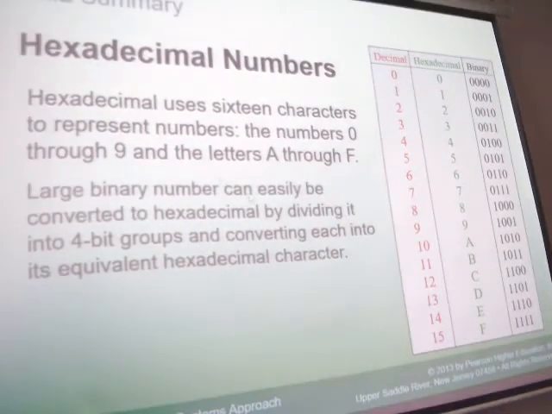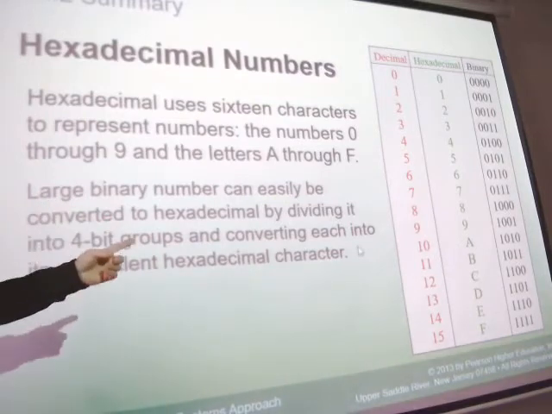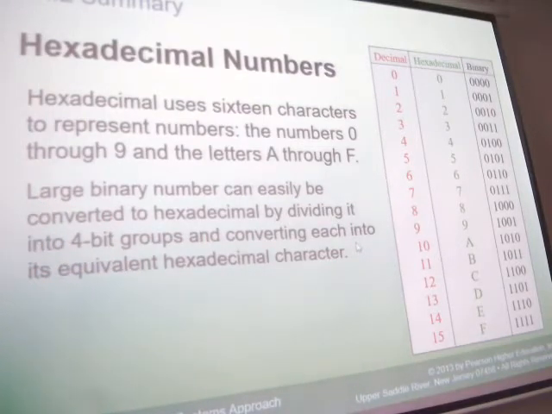A large binary number can easily be converted to a hexadecimal number by dividing it into 4-bit groups, because we know a 4-bit binary number can represent a 1-digit hexadecimal number, and converting each into its equivalent hexadecimal character.